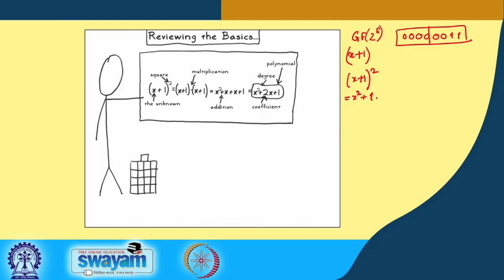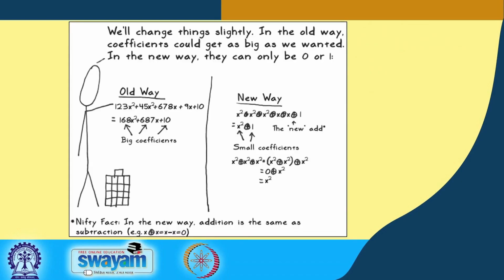So we can do addition in this manner, and here we have seen how to do a squaring. This is also quite convenient in terms of implementation, because in this mathematics the coefficients of the polynomials are either 0 or 1, so you do not have large coefficients.